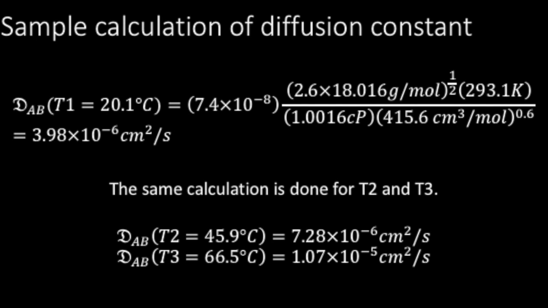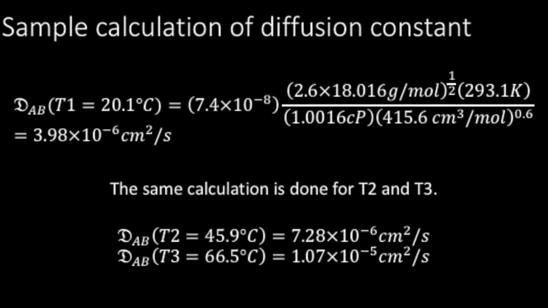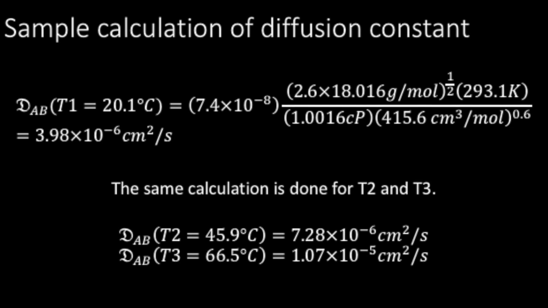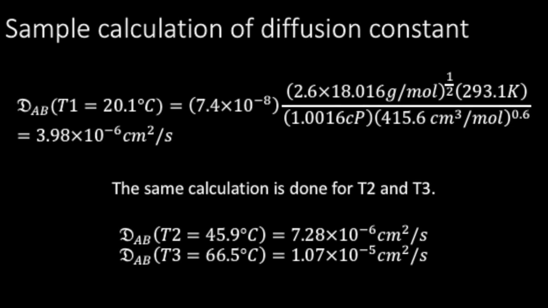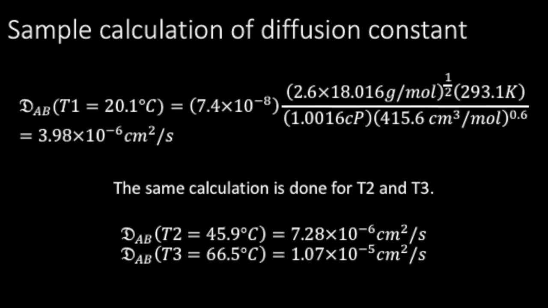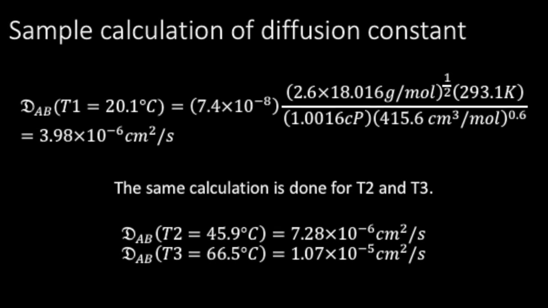Here is the sample calculation for diffusivity using the Wilke-Chang equation for the first temperature of 20.1 degrees Celsius. Note that the temperature is in Kelvin, calculated by adding 273 to the temperature in degrees Celsius, which in the first temperature's case is 293.1 Kelvin.